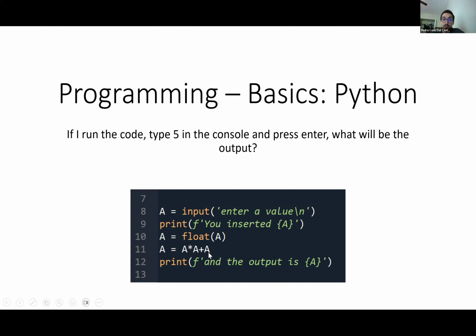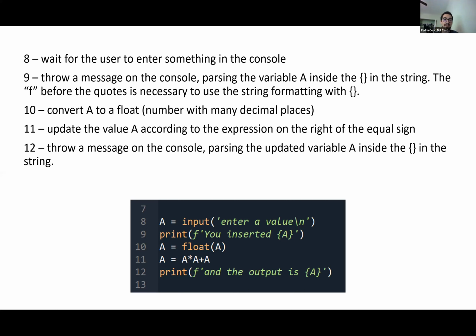It's a mathematical operation on the right side, and it's being assigned again to the variable A. So if A is 5, you first do the operation. So 5 times 5, 25, plus A, 30. And now you assign to the variable A. So A now is 30. Okay. So here's everything that's being done. It's written in the slide. If you need the slide, you can ask me, and then it will be everything here.